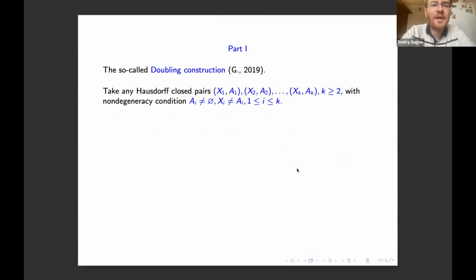The first part is the so-called doubling construction. Just take a family of closed pairs of spaces, at least 2 of them, with the non-degeneracy condition that Ai are not empty and don't coincide with the whole space Xi.